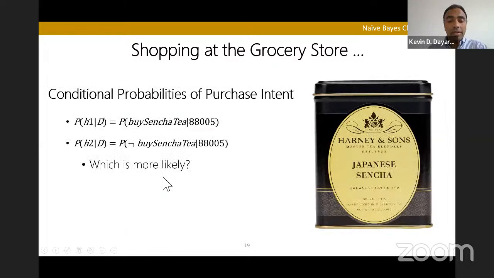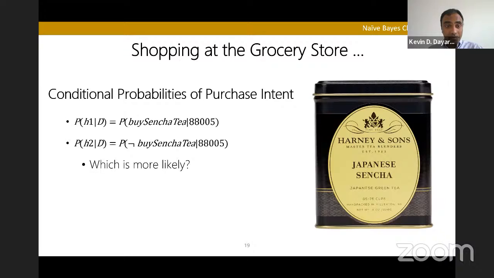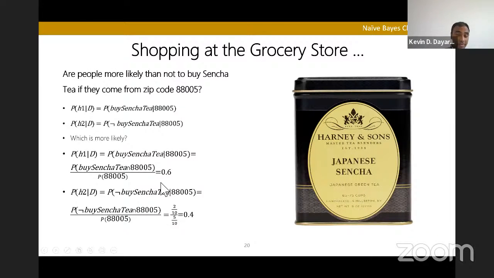Another way to do this is to just look at the zip code 88005. How many are there here? 1, 2, 3, 4, 5. We counted this before. Amongst these, how many purchased Sencha tea? 1, 2, 3. So that is another way you can get to this answer, 3 out of 5. I'll leave it as an exercise to you to do the same thing with the other probability.